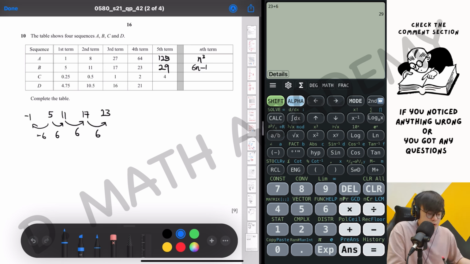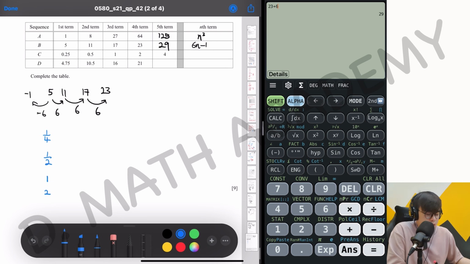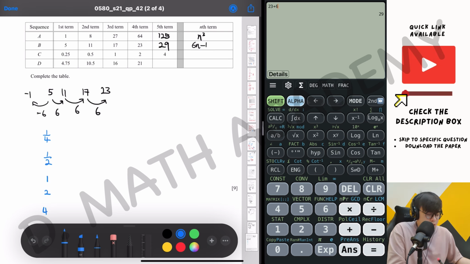So 0.25 is actually 1 over 4. 0.5 is actually 1 over 2. Then you have 1, you have 2, and you have 4. So these are when n equals 1, 2, 3, 4, and 5. So with this information here, you know that all of them are actually related to 2.